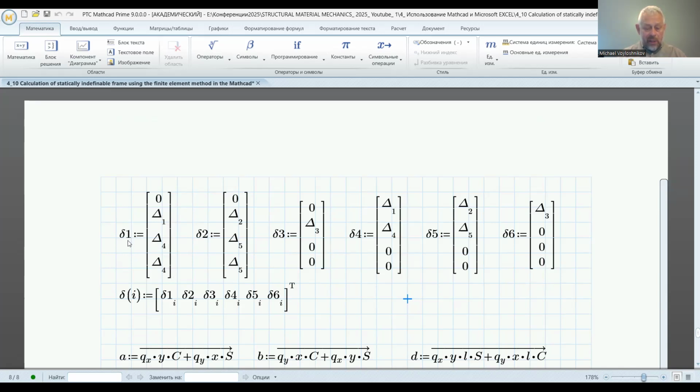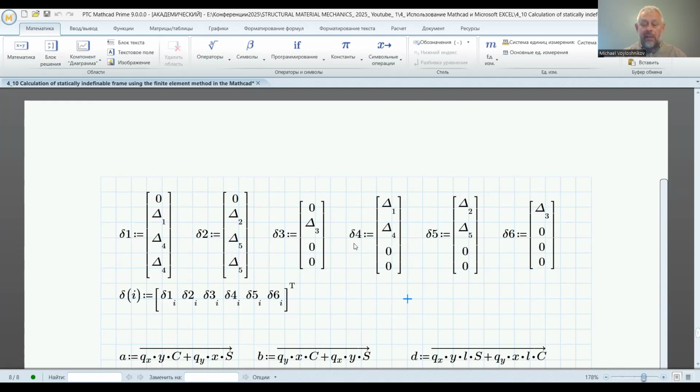At the first end, the beginning, delta 1, delta 2, delta 3: delta 3 is the angle of rotation, the bending. Delta 1, delta 2 are the translational displacements in the global coordinate system of the beginning. All three of the beginning of the first, second, third, and fourth finite element in the considered issue.